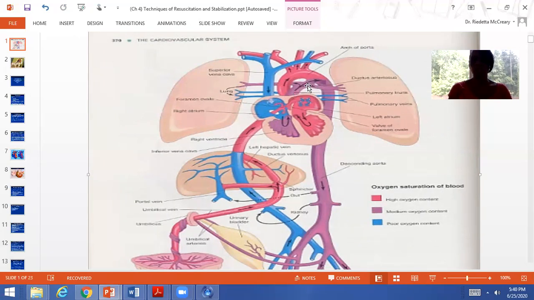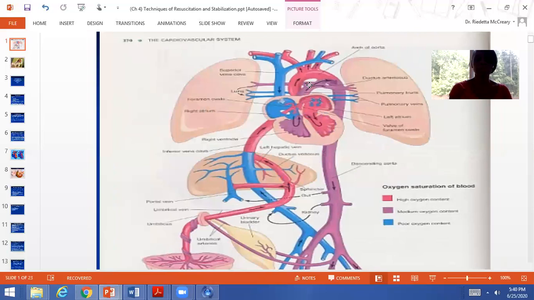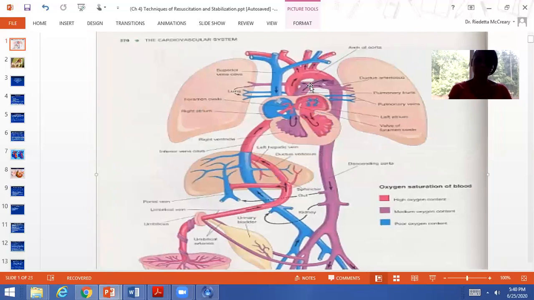So you get blood that did not go to the lungs, but was sent back into circulation so that it can go out to the rest of the body. Okay, so the blood that enters the right atrium crosses over to the left atrium, then goes down to the left ventricle and out through the aorta.